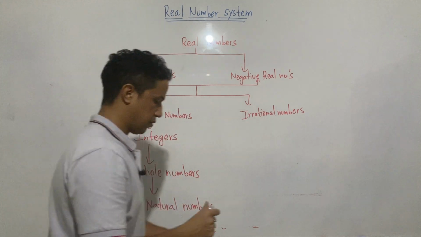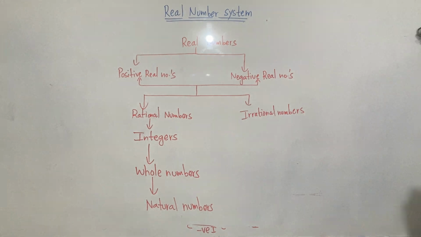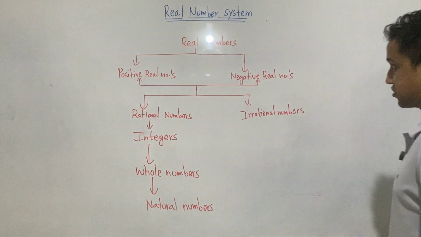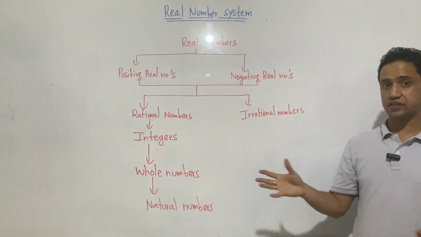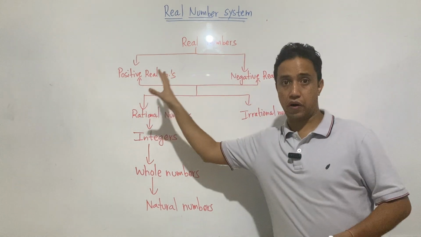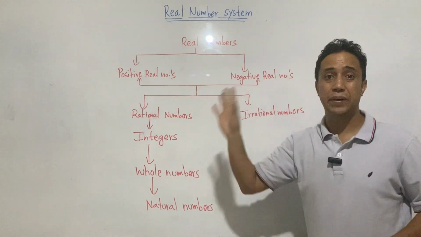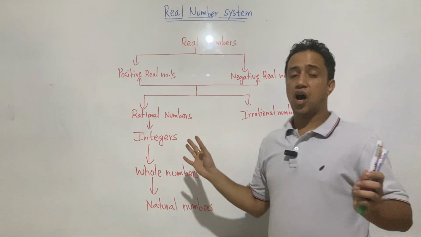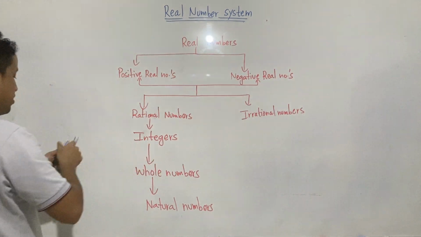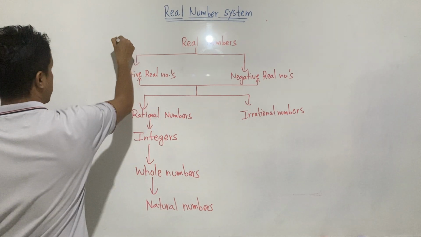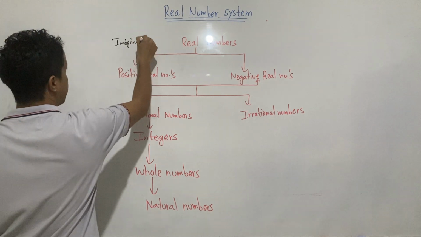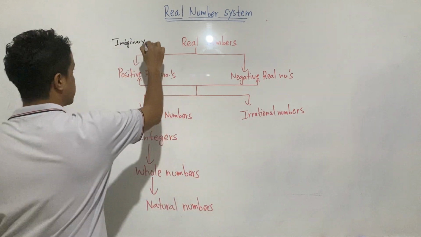Okay, natural numbers. Now see here, among all the sets of numbers that we have discussed, I would say that real numbers are the biggest set of all the numbers present here on the whiteboard, but it is not the biggest set among all the numbers in math. Because, same like real numbers, here we have imaginary numbers, which we are going to talk about in the coming times.